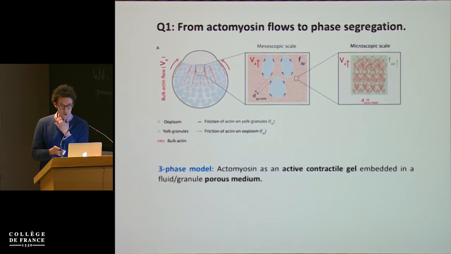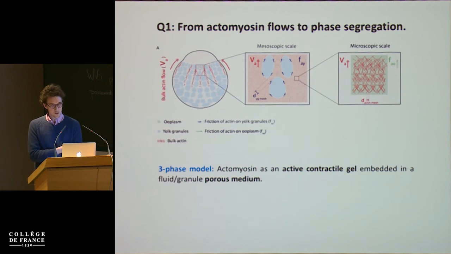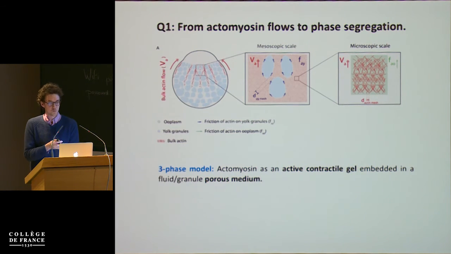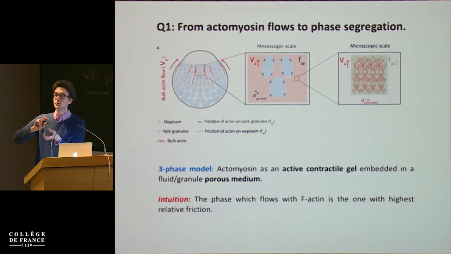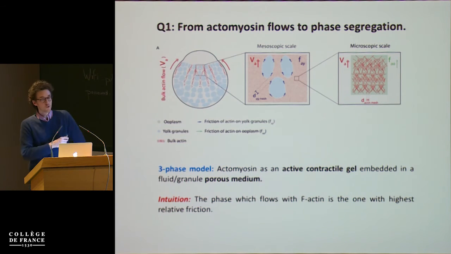You can solve this kind of model analytically. But the intuition you can get, which is pretty simple, is that you're going to have frictional interaction between all 3 phases, which are just passive frictional flows. The general idea is that you have a friction between actin and fluid, and a friction between actin and granules. Essentially, the one which has the highest friction is going to flow with actin, because not everyone can flow up, because of incompressibility constraints.